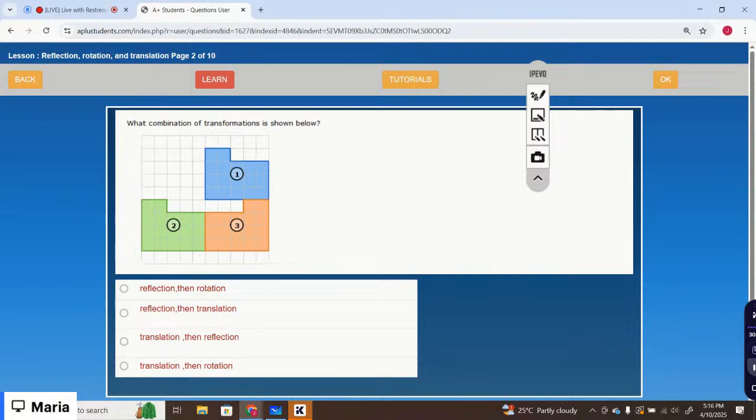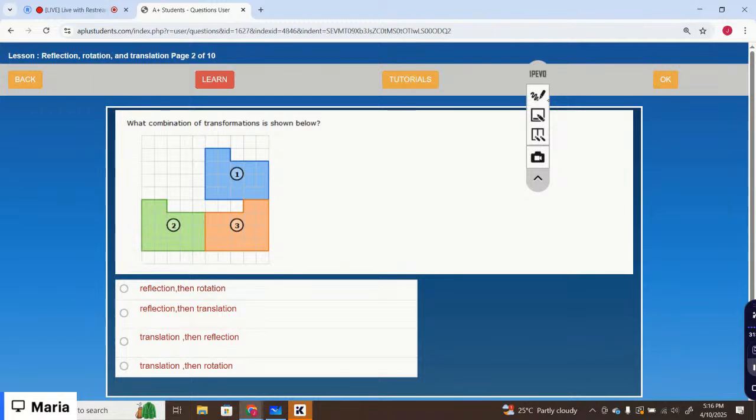What combination of transformations is shown below? From 1 to 2, that is a translation.